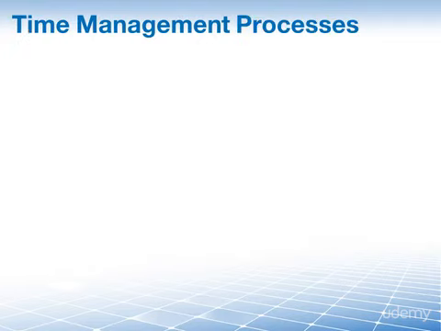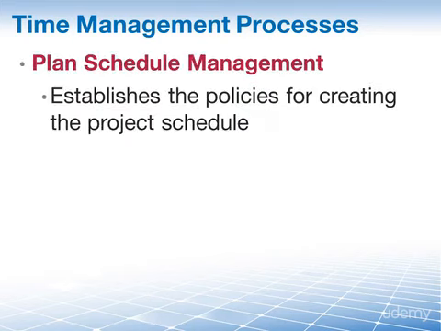The knowledge area has 7 processes, which is more than any other knowledge area from the PMBOK guide. But it begins with planning, with plan schedule management. And just like in many of the other planning processes like plan scope management, plan human resources, or plan communications management, we're just going to lay the foundation for the following processes.